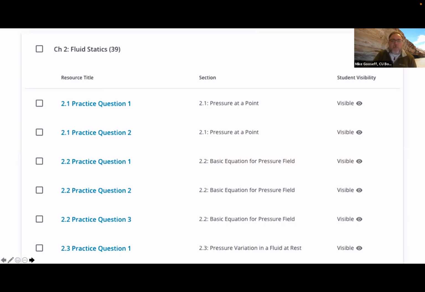These practice questions would be great to work on in preparing for the exam. You can see that they go along with particular sections of the book, section 2.1, section 2.2, etc. And there's a whole list of these. I just did a quick screenshot. I wanted to let you know it's there, hopefully. But please tell me whether you can see that or not.